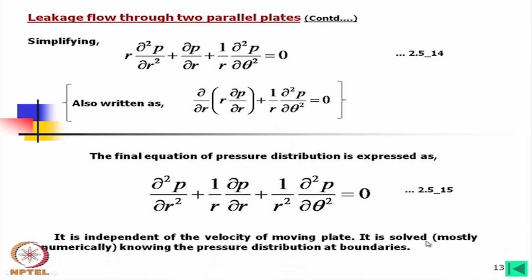What is there, that it is independent of the velocity of the moving plate. We have considered a fixed plate, another plate is moving. We have considered the fluid velocity due to this drag, but while we have arrived into the pressure distribution equation, what we find is that it is independent of u.